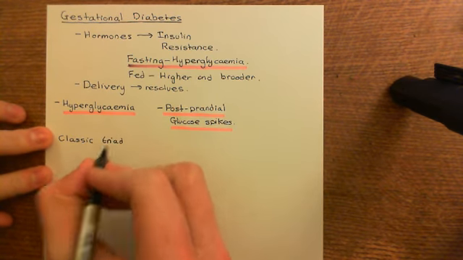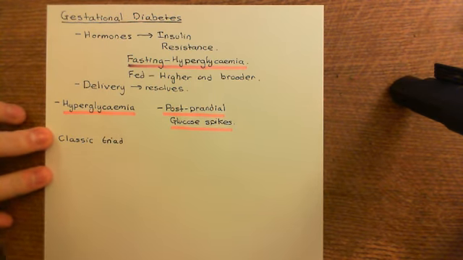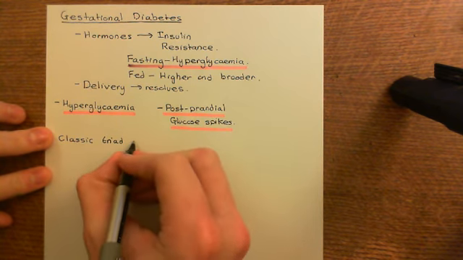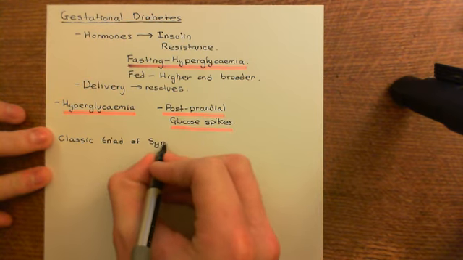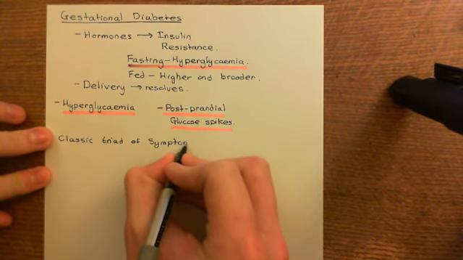You can't actually diagnose diabetes until you have fasting blood glucose concentrations of greater than 126 milligrams per deciliter or 7 millimolars, and you need to do that twice on separate occasions. However, this classic triad of symptoms will certainly help you to spot cases of diabetes.